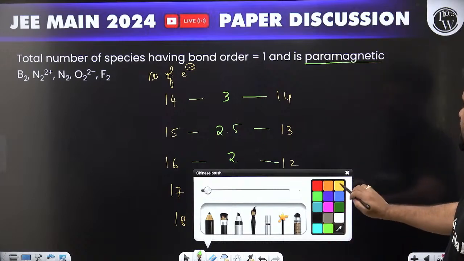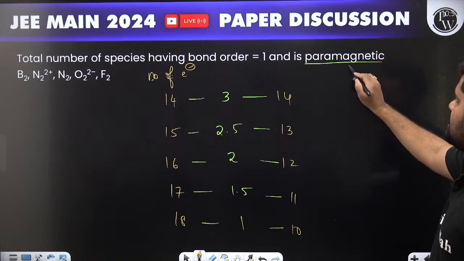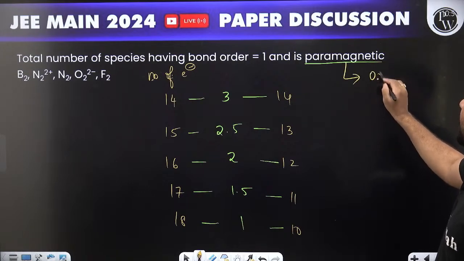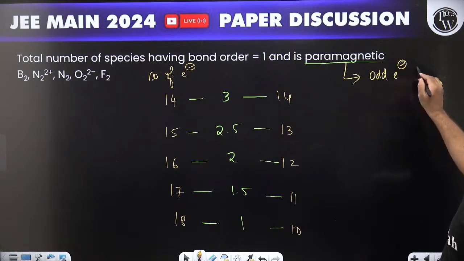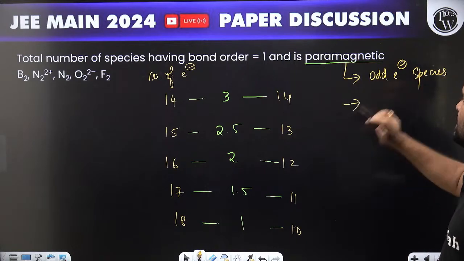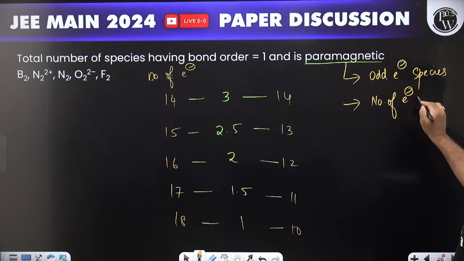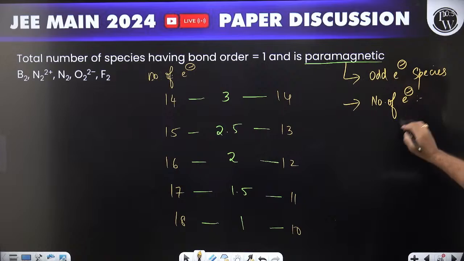What you need to check when you have a paramagnetic substance is that it should be an odd electron species. Odd electron species must be present. Okay, right? Next one is the number of electrons. Number of electrons should either be equal to 16 or 10.